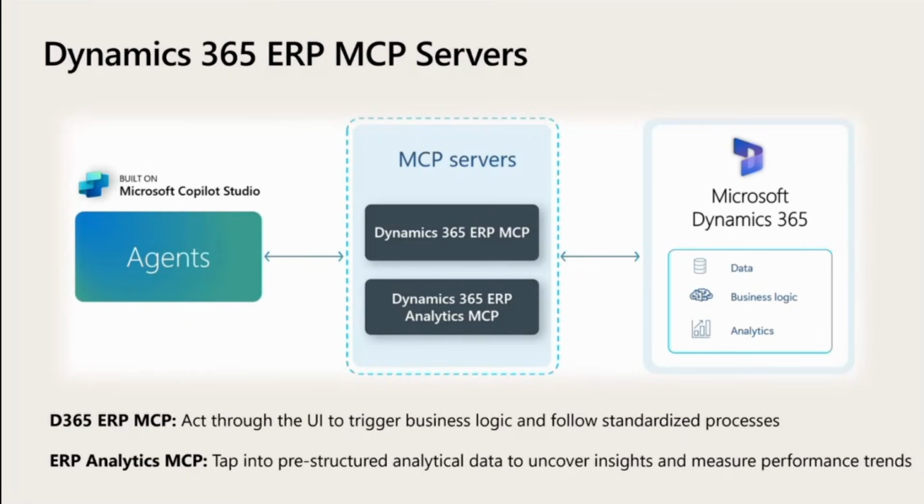As you all know, our team has released Dynamics 365 ERP MCP earlier this year, and that gives you the ability to control your Dynamics 365 ERP instance with natural language, and the AI would be able to perform many tasks and operations for you.